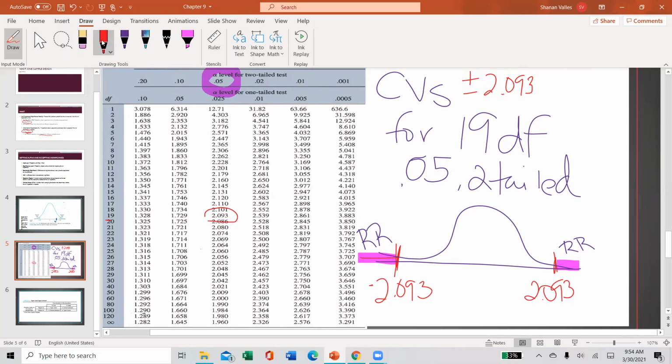And what we're doing is we're determining that extreme 5%, so that we can say we have a less than 5% chance or probability that our result came from chance or sheer randomness.